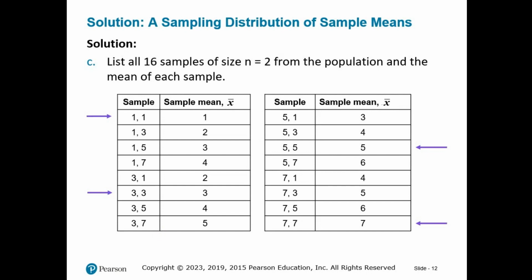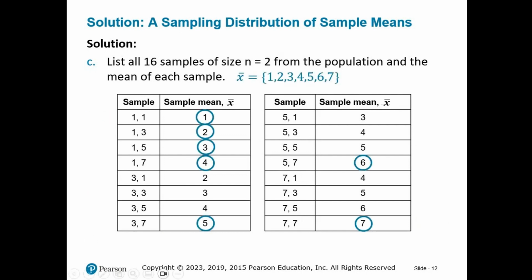The second column is the mean of each of these tiny samples of size 2. So the average of 1 and 1 is 1. The average of 1 and 3 is 2, and so on. And when we figure all of these out, we find that the means form the sampling distribution of sample means. So what are all the possible values of x bar, or the sample mean?